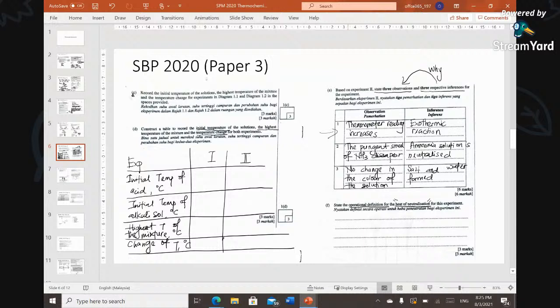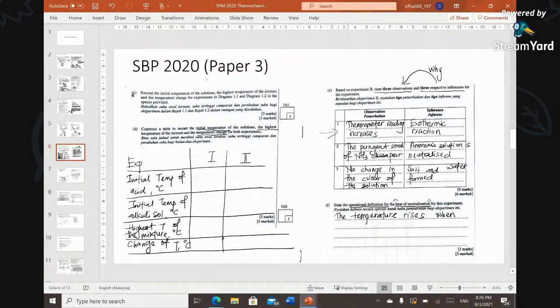So you can write down the temperature rises, or you can say the thermometer reading increases. Okay, when, what did you do?